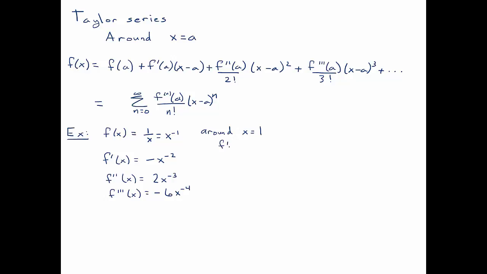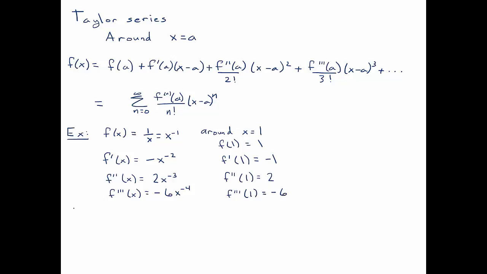So f of 1 is just 1. The first derivative evaluated at x equals 1 is minus 1. The second derivative evaluated at x equals 1 is 2. The third derivative is minus 6.